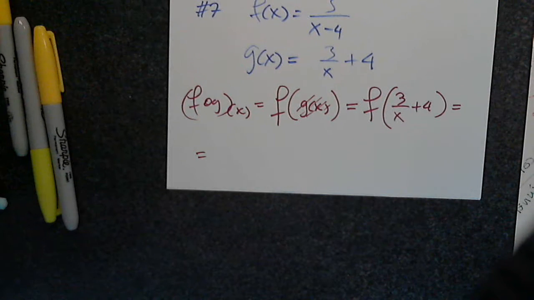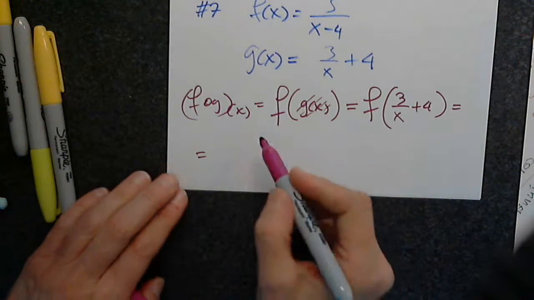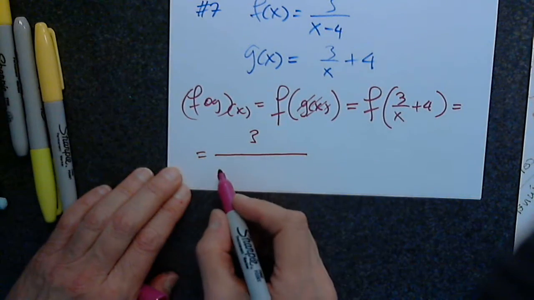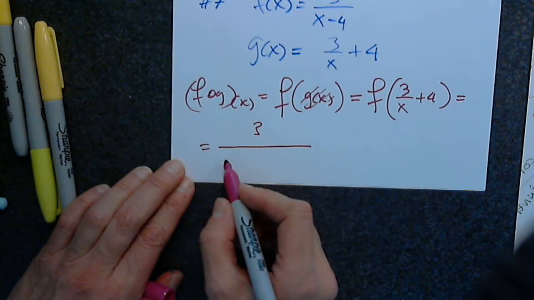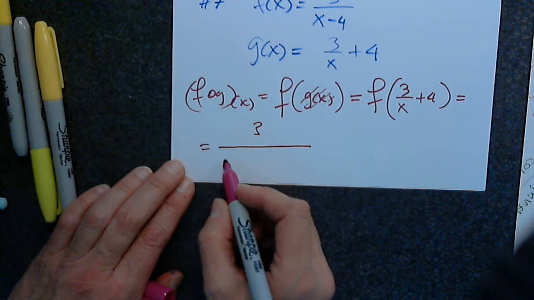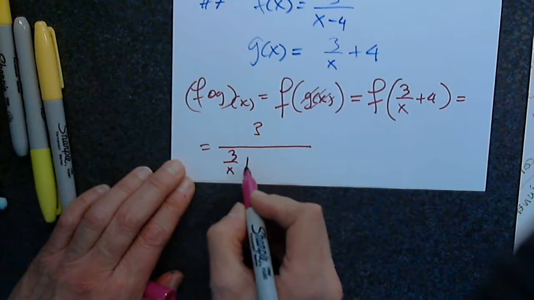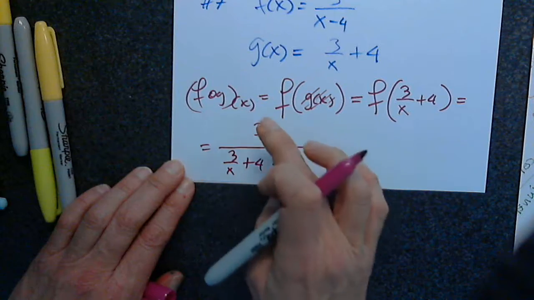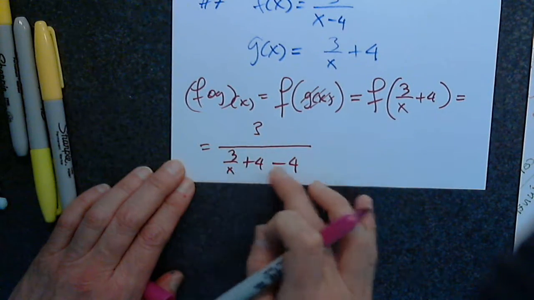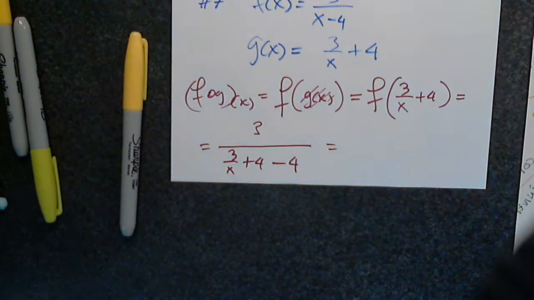F says 3 over whatever minus 4. What do I mean by whatever? What do I have to write? Minus 4. 3 over whatever minus 4.